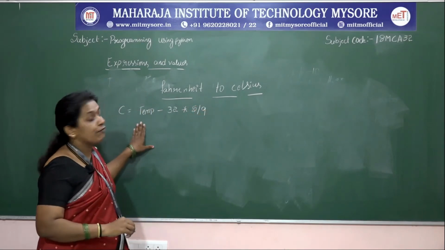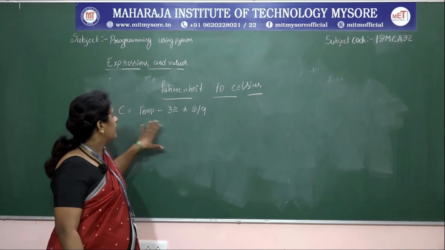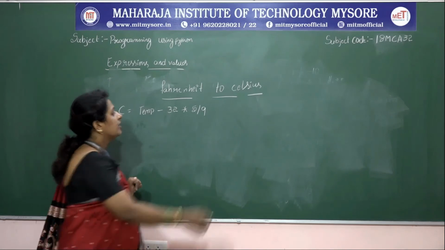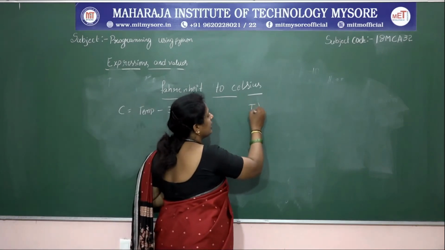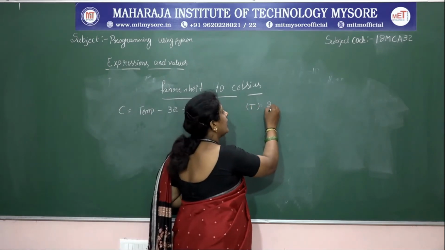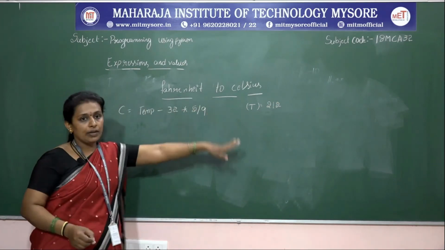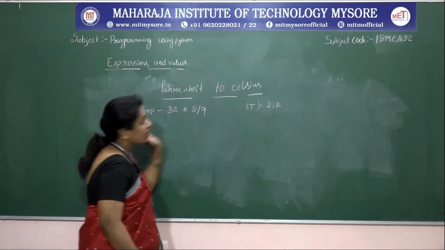So this is the formula for converting temperature to Celsius. Assume that the given temperature, T, is 212.